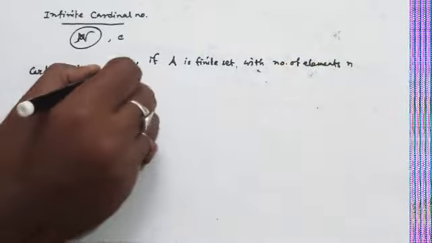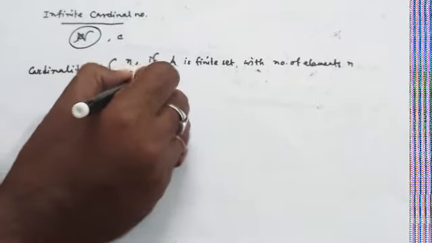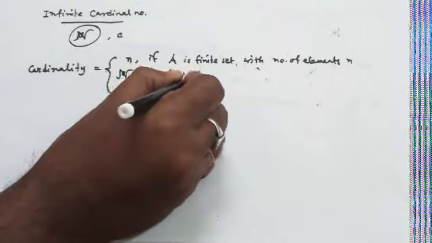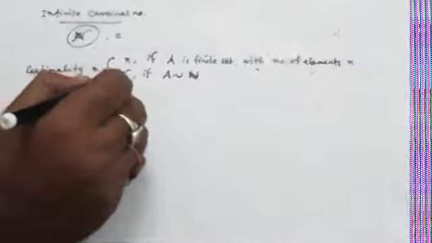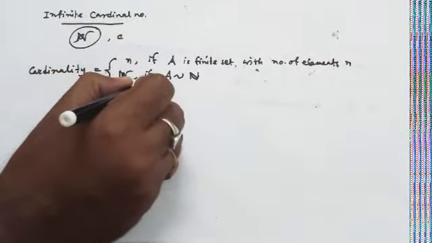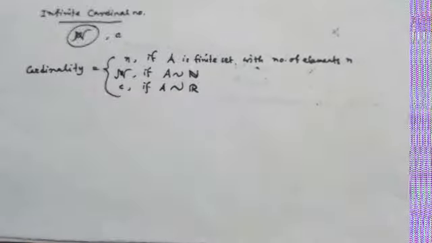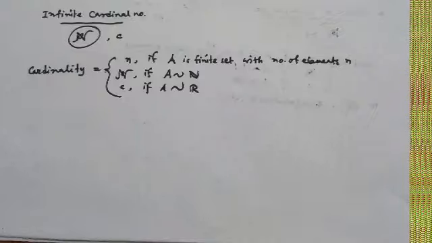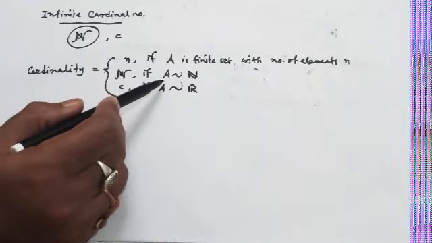Okay, cardinality is aleph naught if A is equivalent with the set of natural numbers. The cardinality is small c if A is equivalent with R. In other words, A is equivalent with N means A is nothing but a countable set.